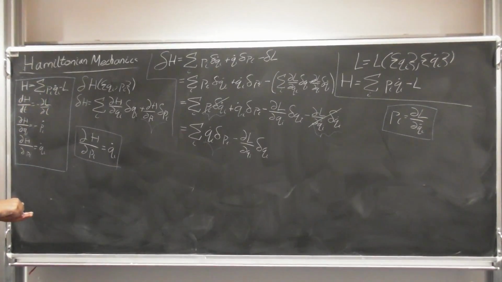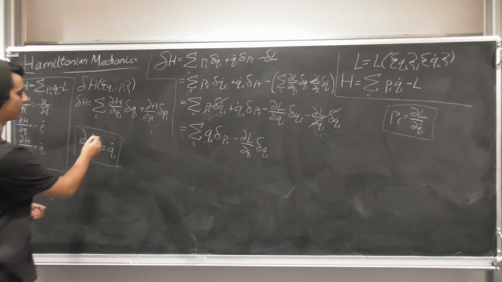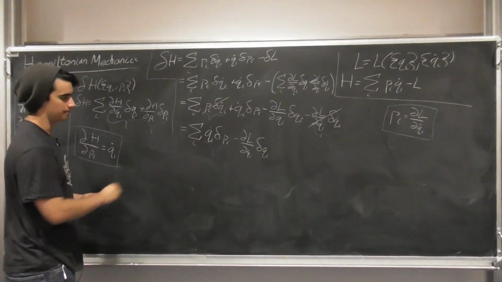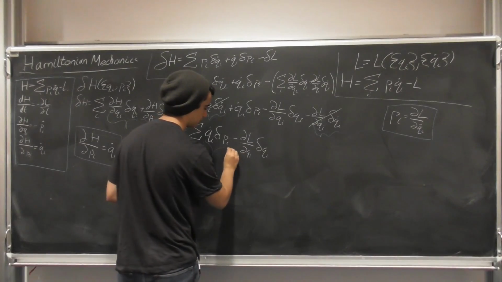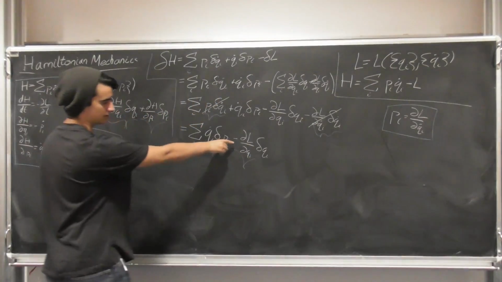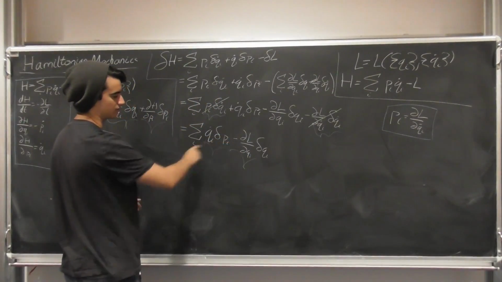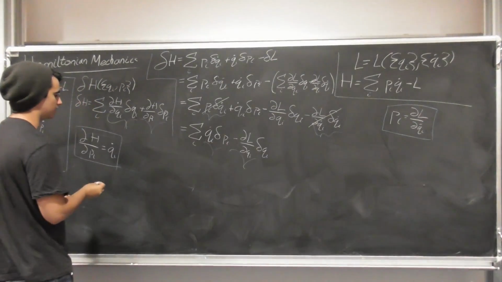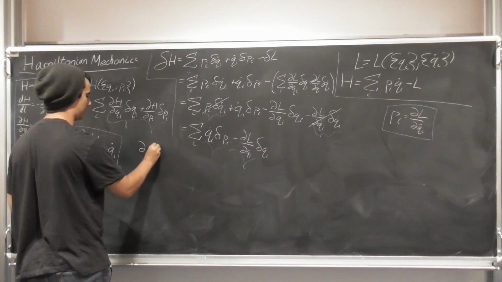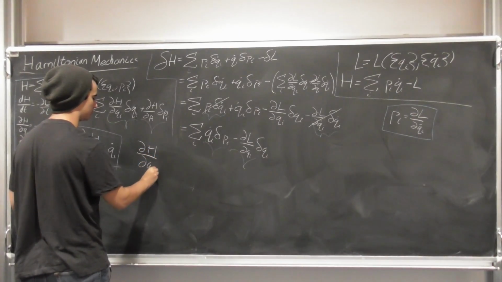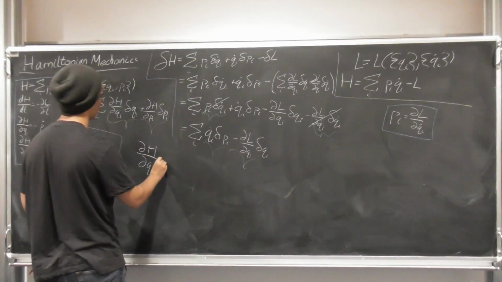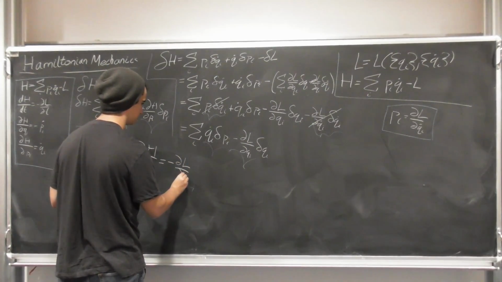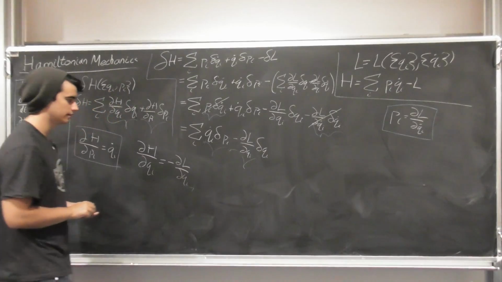And likewise, we can say that this first term here must be equal to this second term here, remembering to factor in this minus sign, or to keep that in mind. And therefore, we can also say that dH/dq sub i is equal to minus dL/dq sub i.